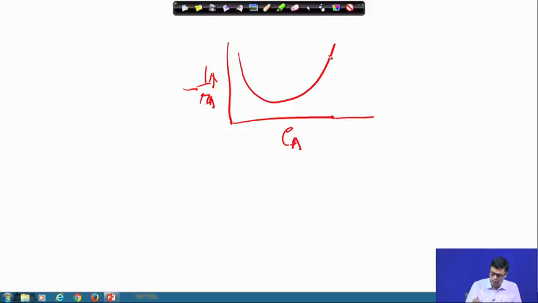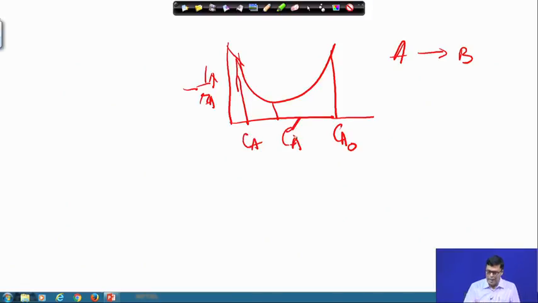Suppose this is the same reaction A to B, and here this is CA0, and let us assume this is CA dash. So, we have two different patterns, which I discussed before also.